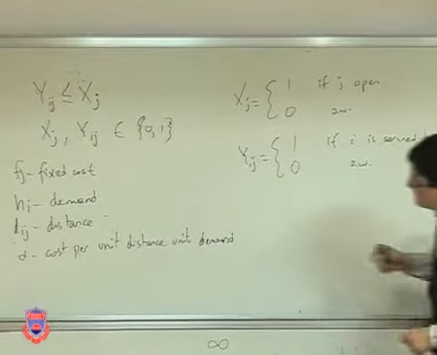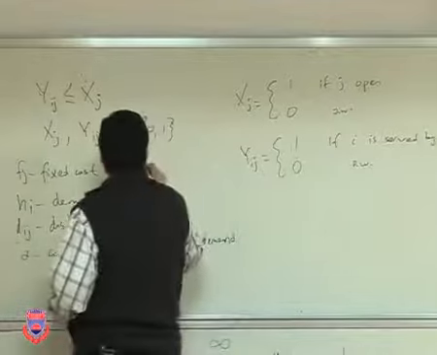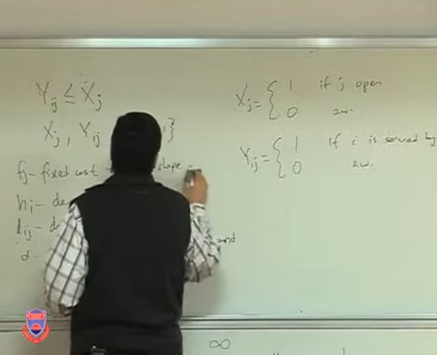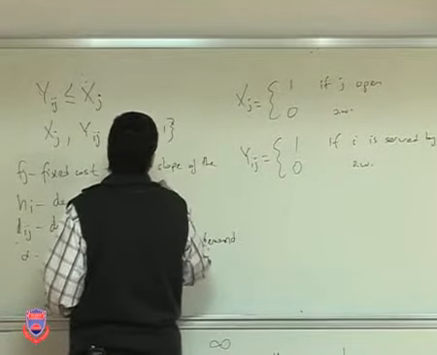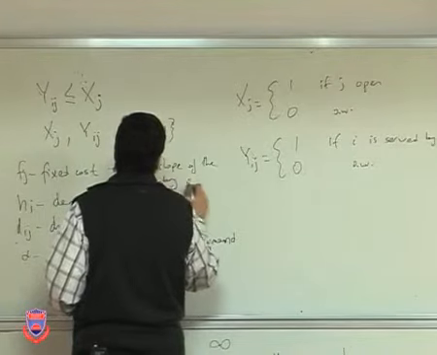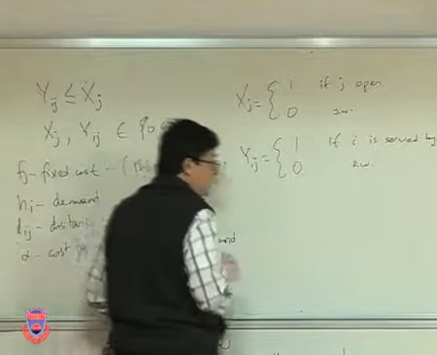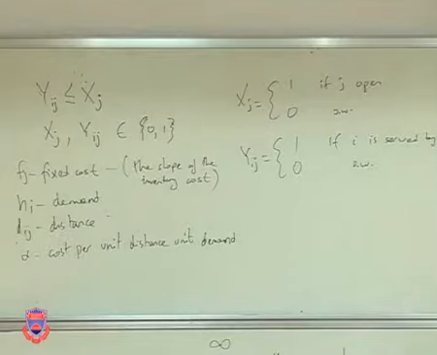So again, fj includes the slope of the inventory cost.